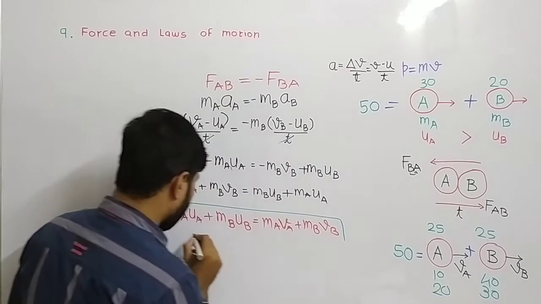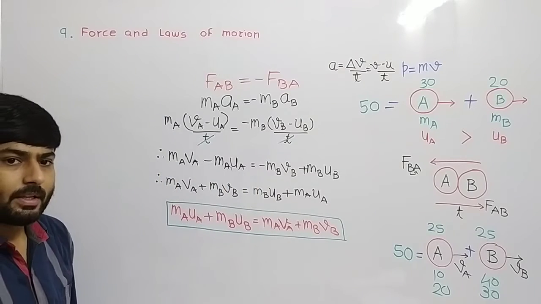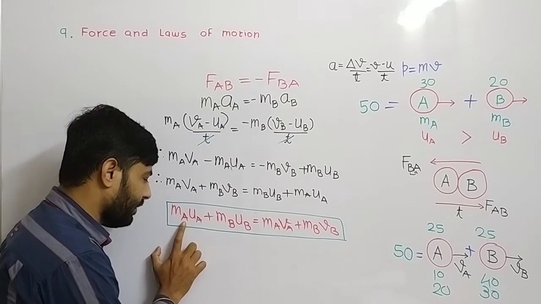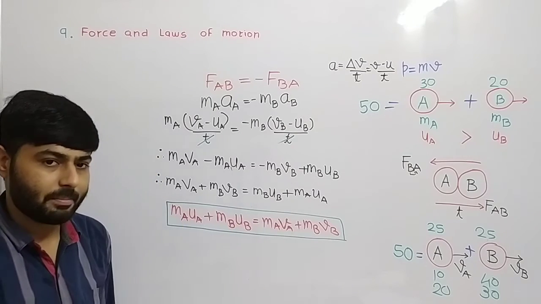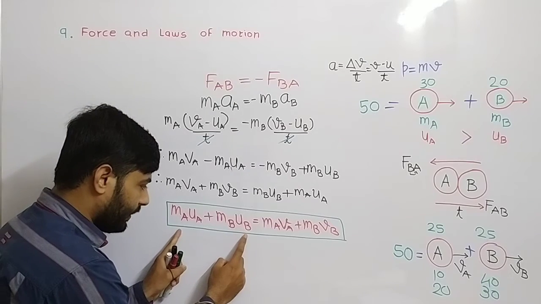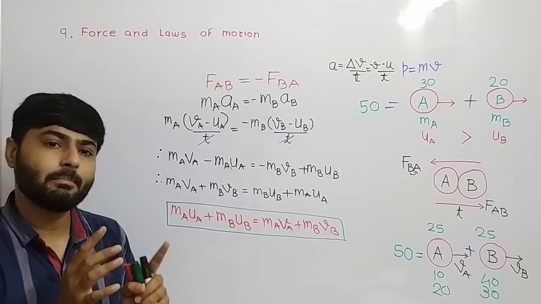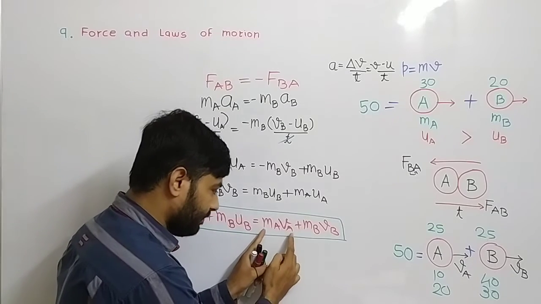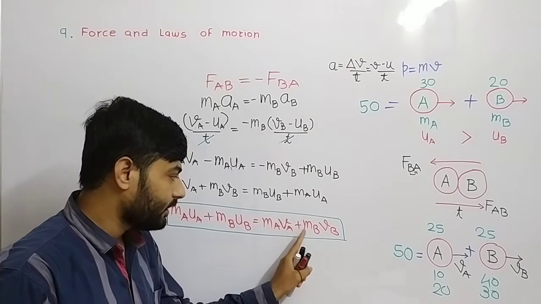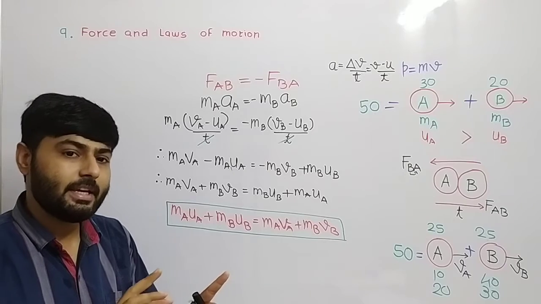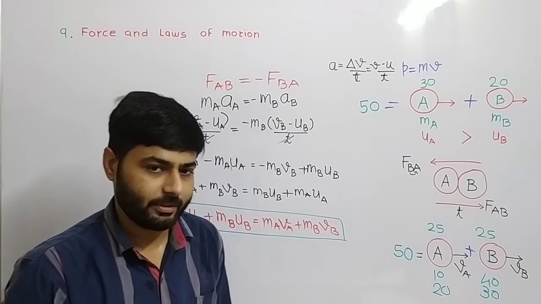So this is our formula for conservation of momentum. What is this left side? This left side is the momentum of ball A plus the momentum of ball B. That is the total momentum before collision. This is the momentum of ball A after collision plus the momentum of ball B after, that is the momenta after collision.